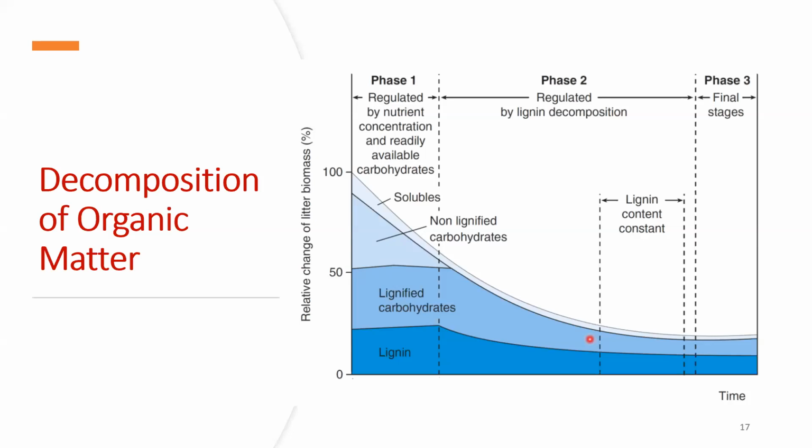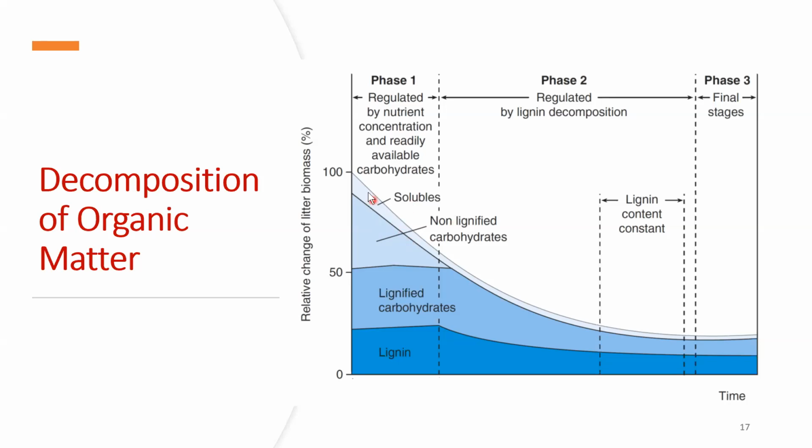Decomposition of organic matter basically has three phases. This is the first one, phase one. You can see here the time, and then the relative change of litter biomass. In this phase, the regulation is by nutrient concentration and readily available carbohydrates present in the organic matter.